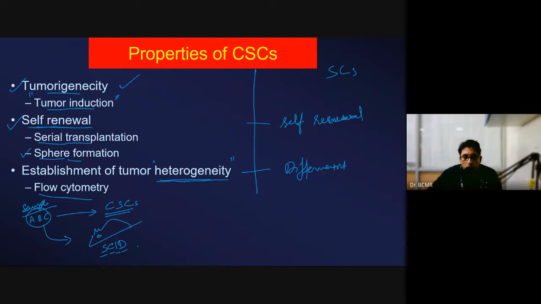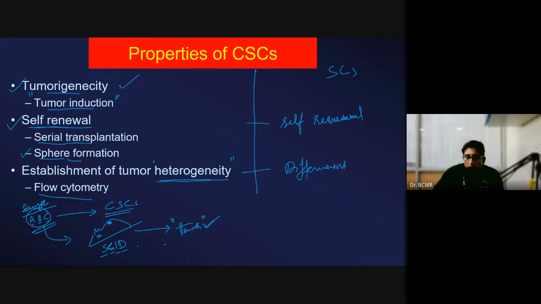So we would have to choose a mouse which has compromised immunity. So we put it subcutaneously under the skin, and then we will see if it can give rise to a tumor or not. If it gives tumor, then we know that one of these cell types has the ability to give rise to tumor, but we don't know which one it is.